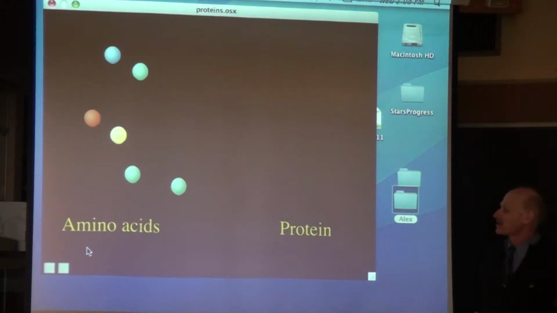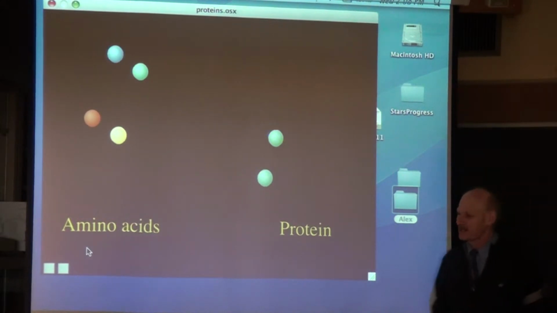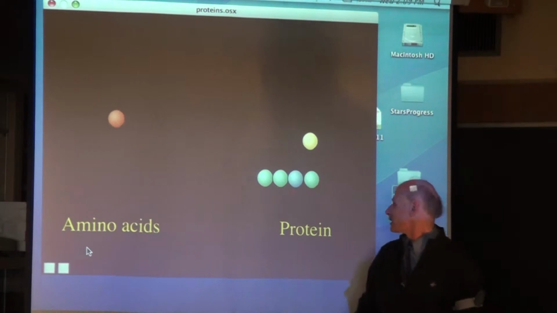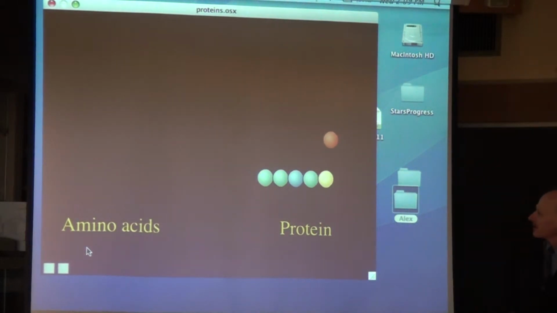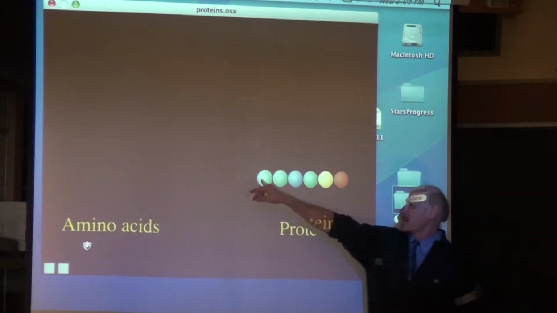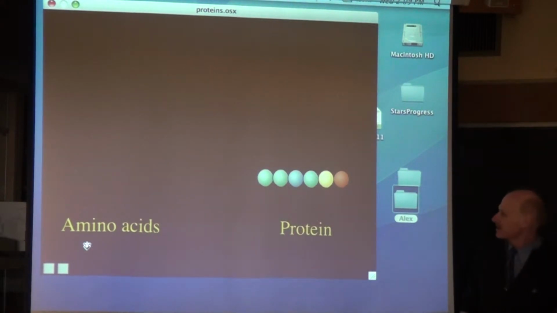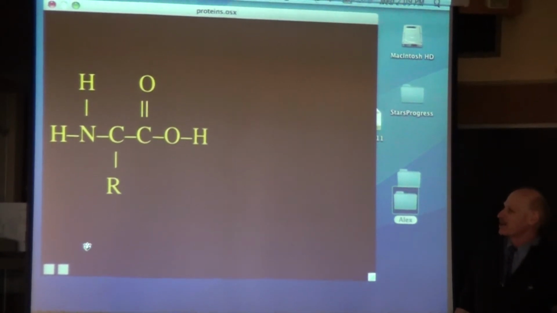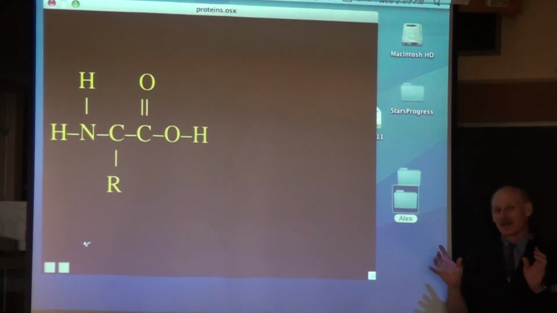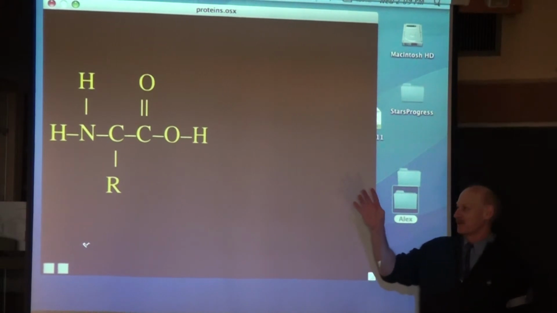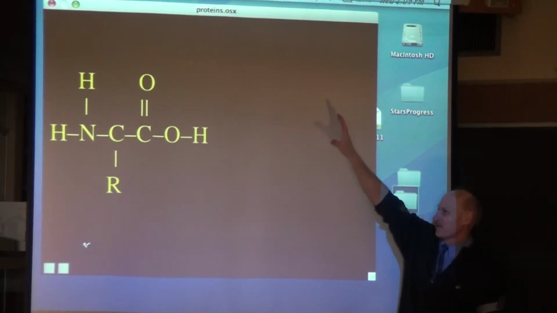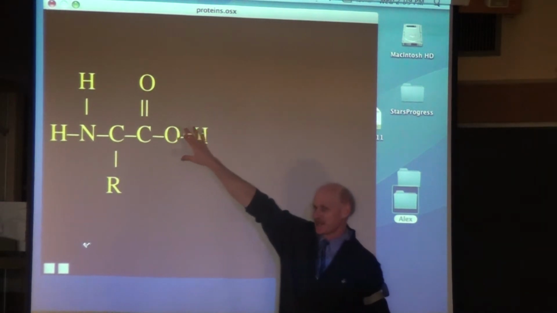Here we go. All right, so we're going to see how they connect onto each other. Let's start off, imagine we're going to start off with this amino acid. That'll be our first amino acid. When a cell wants to build a protein by linking amino acids together, it always starts off with the first amino acid like this.